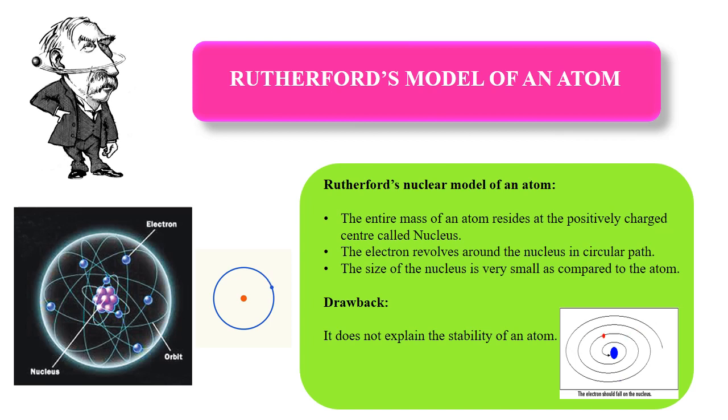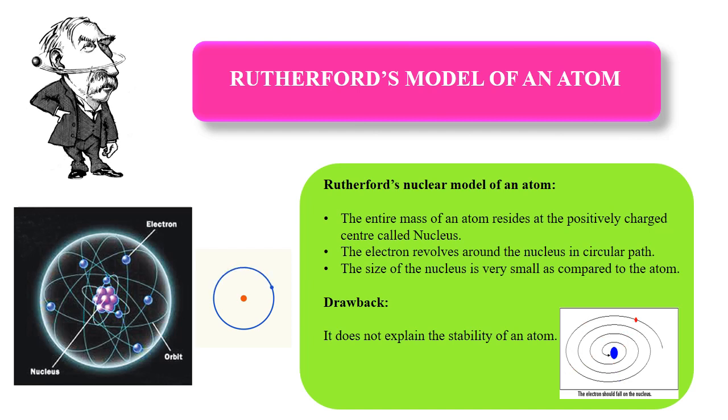On the basis of the alpha particle scattering experiment, Rutherford proposed the Rutherford's nuclear model of an atom. According to this model, an atom consists of a positively charged, dense, and hard nucleus containing all the protons and neutrons. Almost the entire mass of the atom is concentrated in this nucleus.